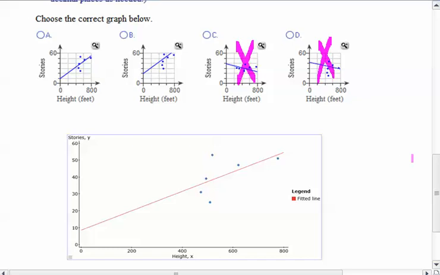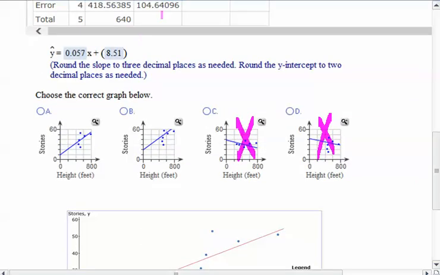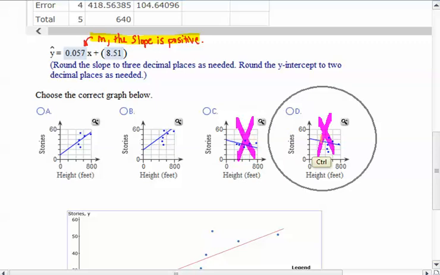They're descending. You know that right away because right here in front of the x, m, the slope, is positive. So keep that in mind. Those two are out.